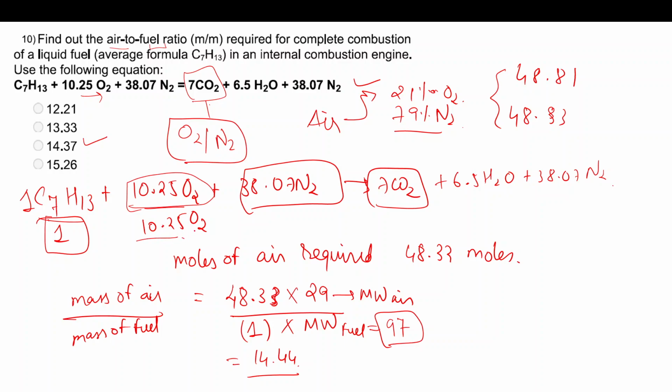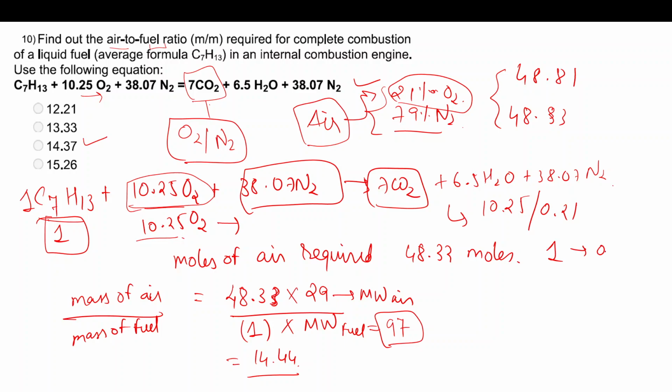Now, the fraction of oxygen in the air is 21%. Based on that, we calculate the amount of air you are feeding to the engine for complete combustion. For that, it is 10.25 divided by 0.21, because in 1 mole of air you will have 0.21 moles of O2.